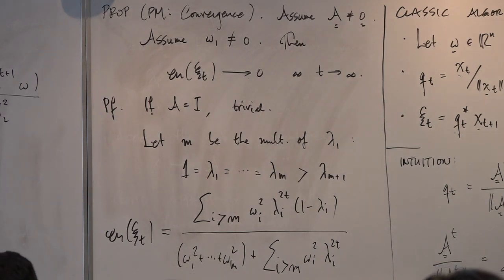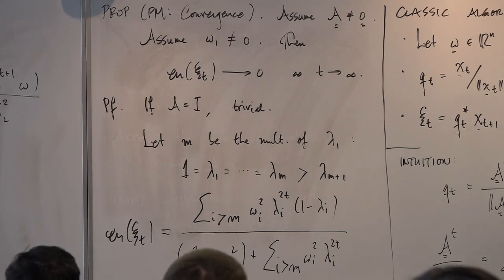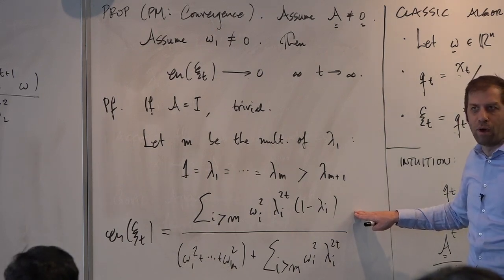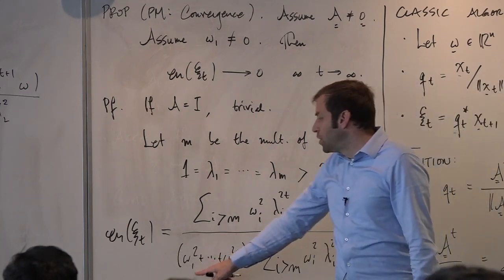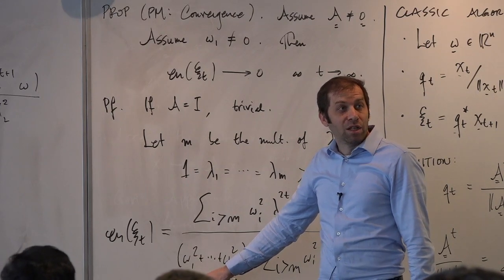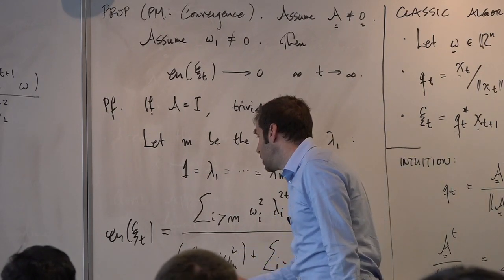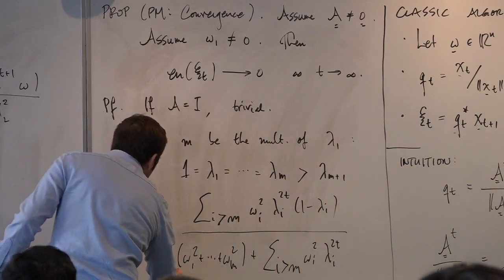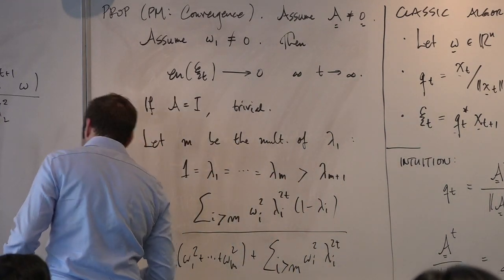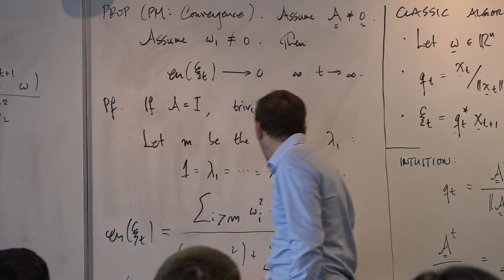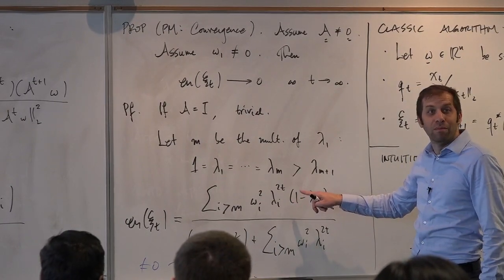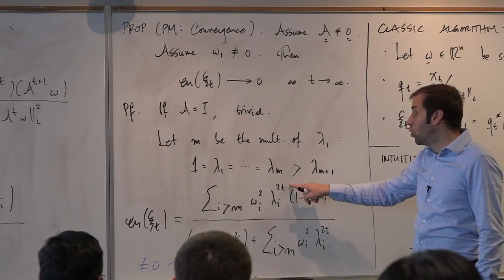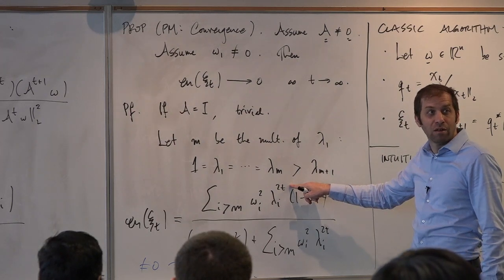And now we're in a good position. I realize these formulas are a little bit messy, but I'm going to try and help you focus your attention on the parts that are important. We've assumed that omega_1 is not 0. So that means this parenthesis here is not equal to 0. Now, what happens to these other terms? What do we know about lambda_i for i bigger than m? Smaller than 1. So what happens when you exponentiate it?